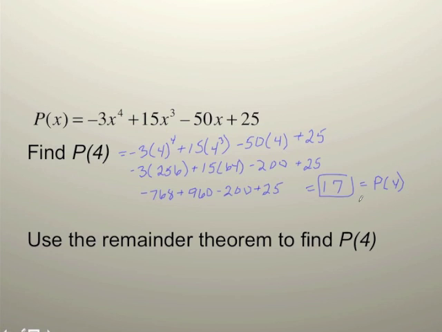Now let's use the remainder theorem. It says if I divide by x minus 4, I will also get 17. Let's check. Dividing by x minus 4, let's use synthetic division. Since it's an x minus 4, we have negative 3, 15, we'll have 0x squared, minus 50, plus 25.